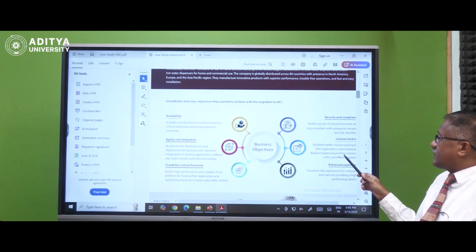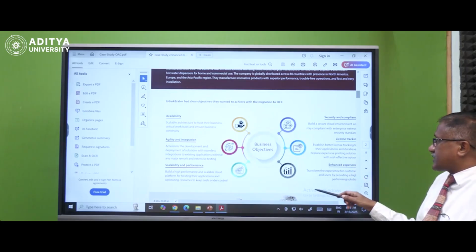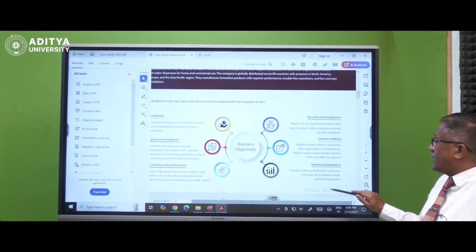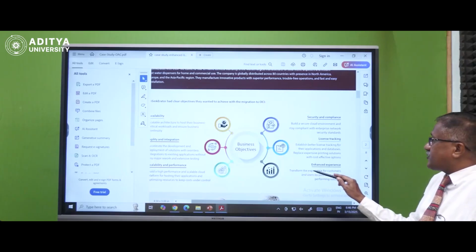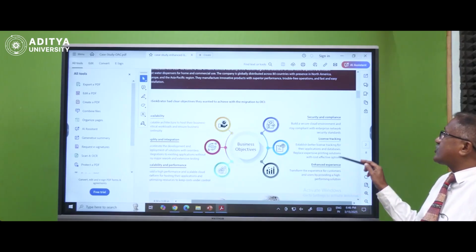License tracking is to establish better license tracking for their applications as well as cost. Enhanced experience transforms the experience for the customer and the user by providing a high-performing solution.